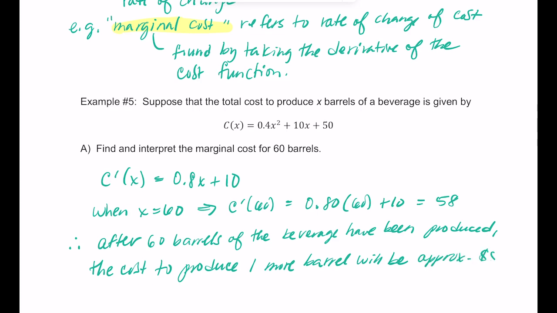Okay, because remember, slope is change in y over change in x. y is cost, x is barrels. So after 60 barrels have already been produced, if you want to produce one additional barrel, it's going to cost approximately $58 more.